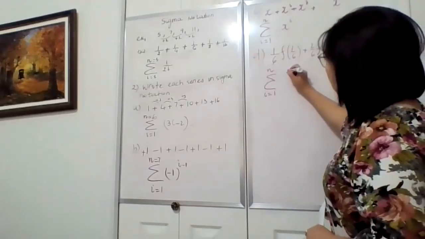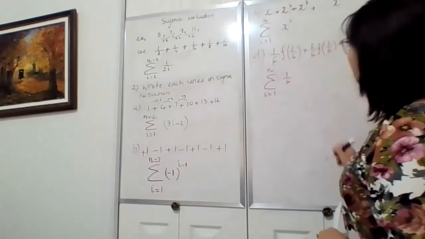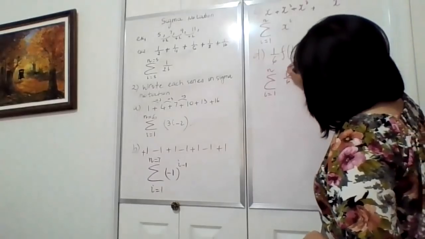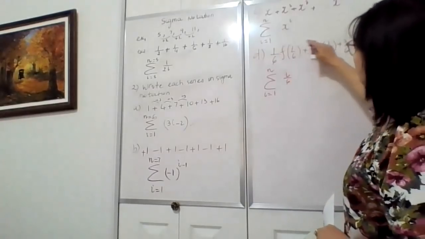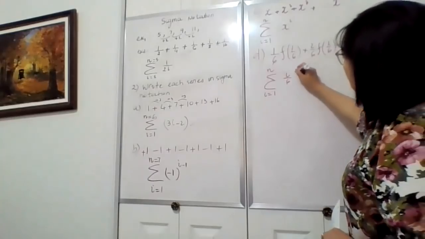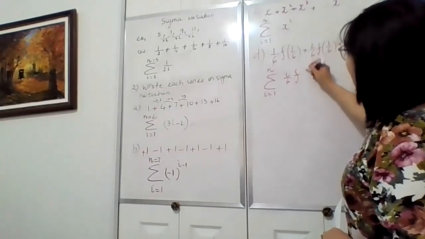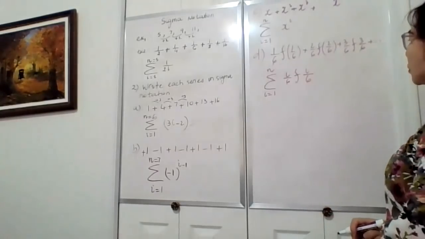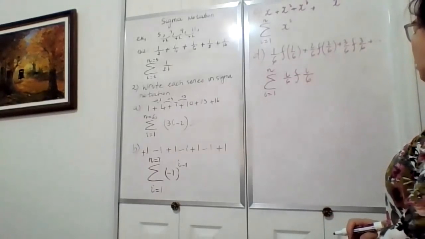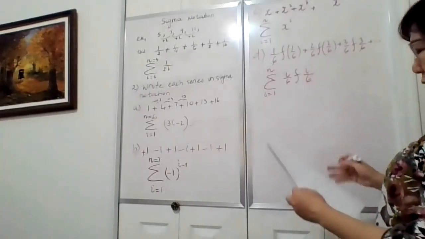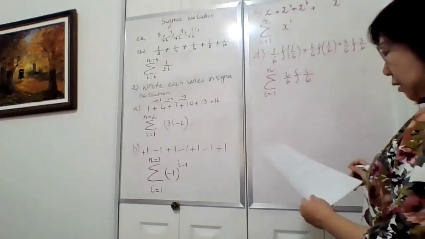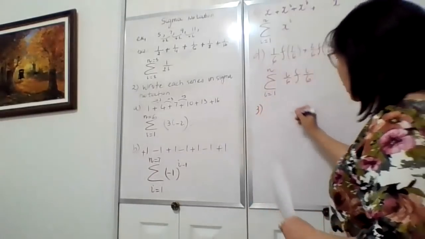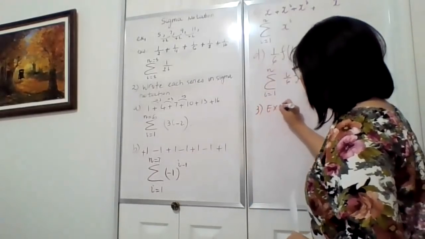And the expression should be I over 6, right? Because we keep increasing the pattern. F of I over 6. So that's how it looks like, right? Okay, so we're done.